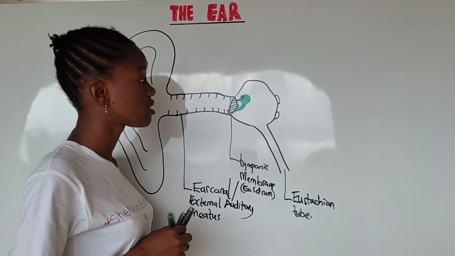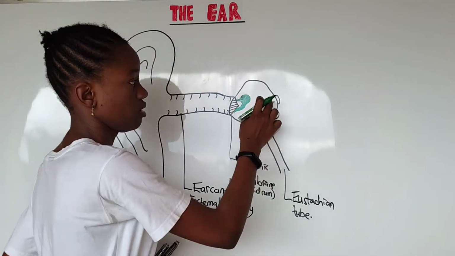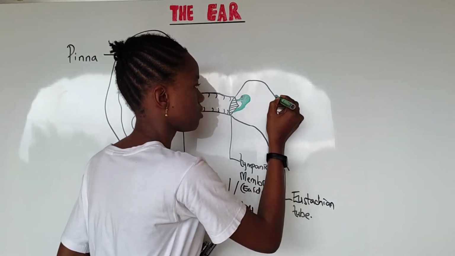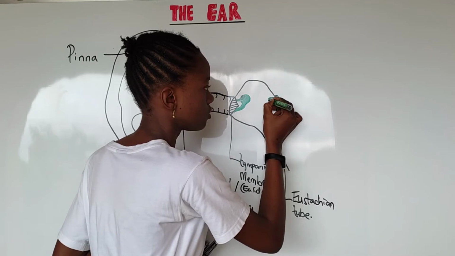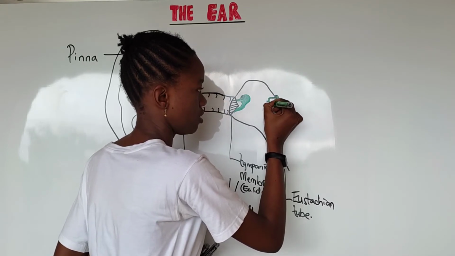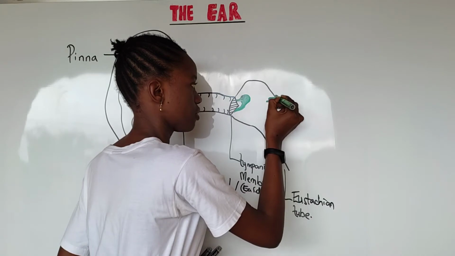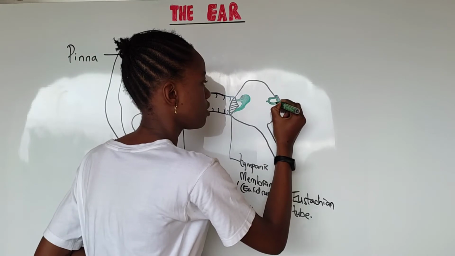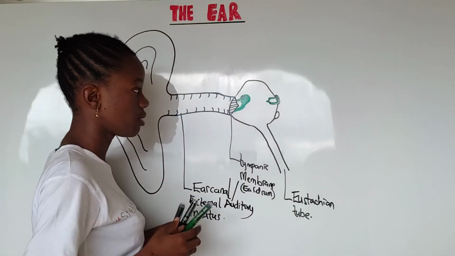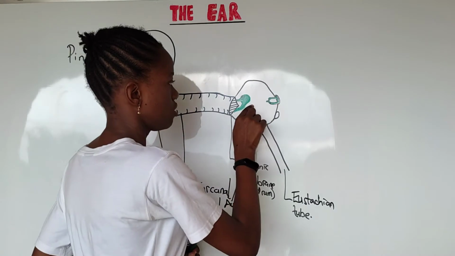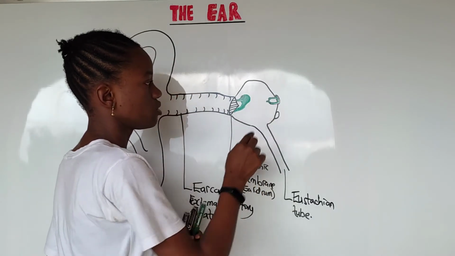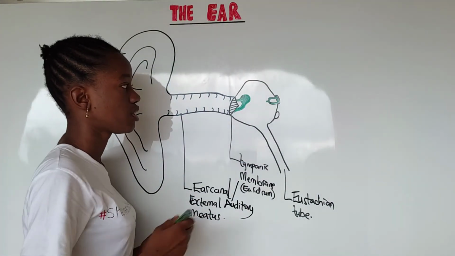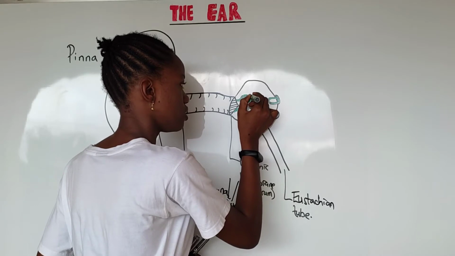Then we have one that is in contact with the oval window, just here, and it is called the stapes. Lastly, I'm going to label all this later, and I want you to note that there's one that connects both of them, the third one, which we know as the incus.